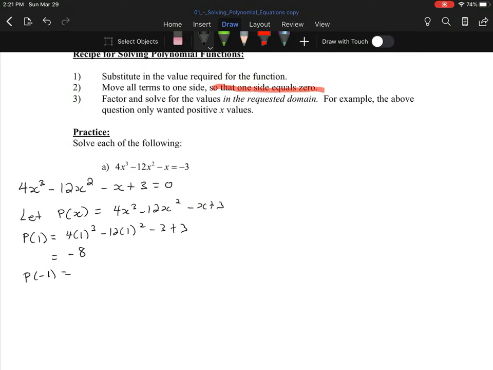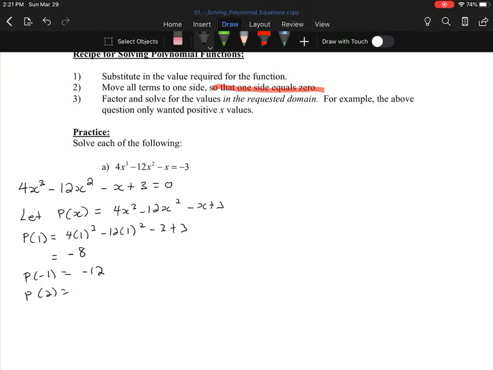I'm not going to show all the subbing in there, nor do you need to show the subbing in there. Put a negative 1 in wherever I see 1 there. And I get a negative 12.